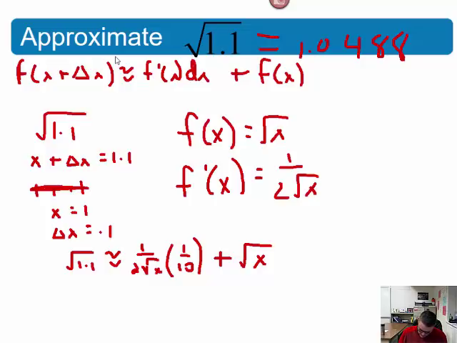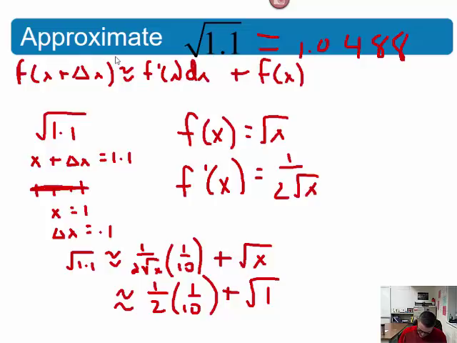So I plug in 1. The square root of 1 is 1, and 1 times 2 is 2. So I have 1/2 times 1/10 plus the square root of 1, which is 1.